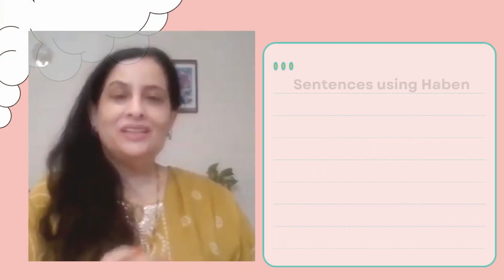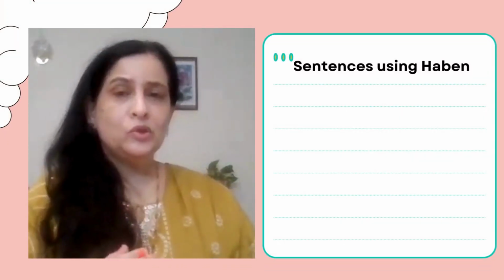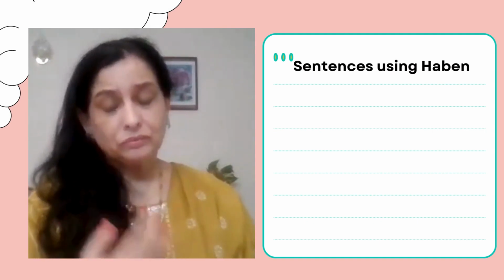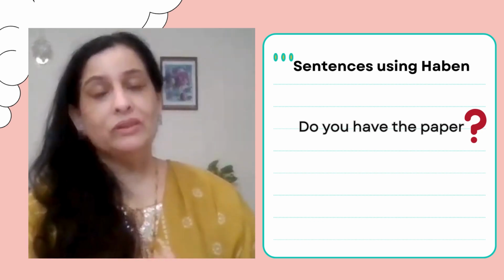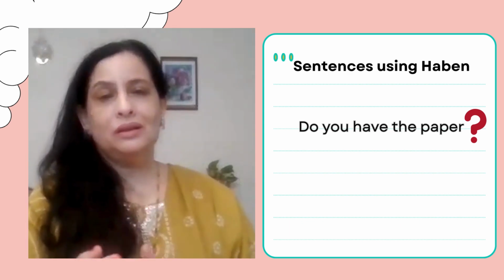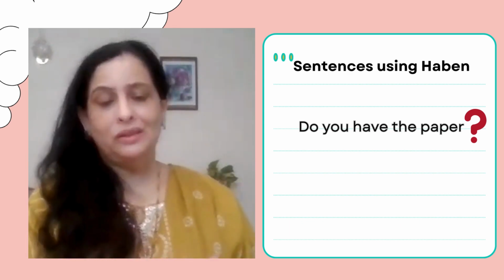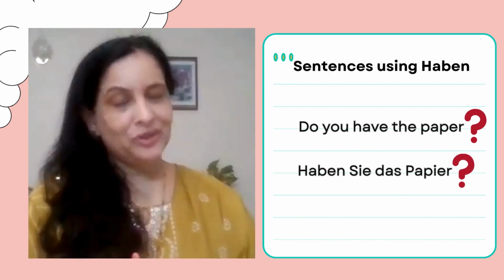Then suppose you want to ask someone you don't know, then how will you ask? In English it is, do you have the paper? If you don't know that person, then you will ask, haben Sie das Papier? Right?